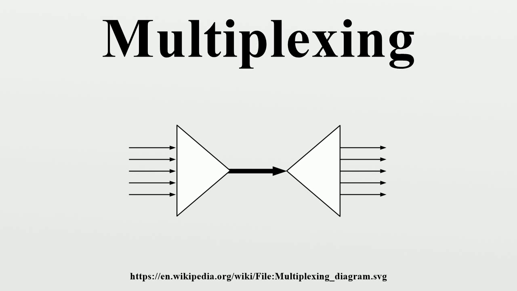Multiple access method. A multiplexing technique may be further extended into a multiple access method or channel access method, for example, TDM into time division multiple access, and statistical multiplexing into carrier-sense multiple access. A multiple access method makes it possible for several transmitters connected to the same physical medium to share its capacity.